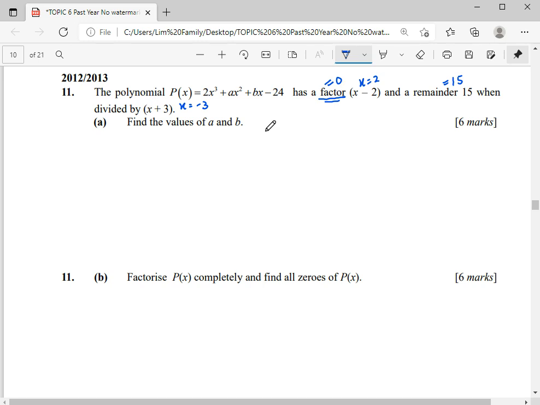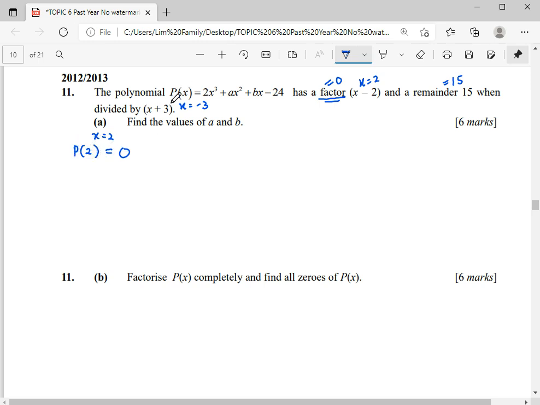So how do we write these theorems correctly? For the factor theorem, when x equals 2, we substitute 2 into our polynomial and it will equal 0. So this equation is our factor theorem.